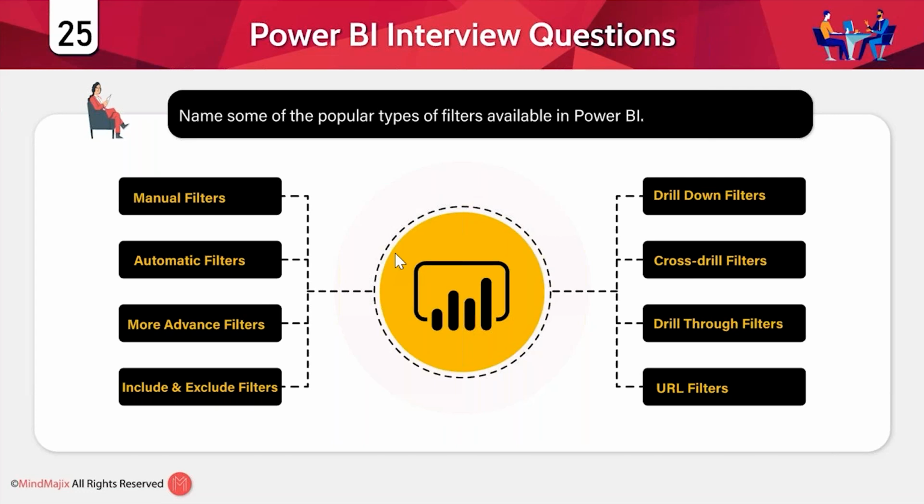As you see on the screen, there is a drill down feature, a cross drill filter, a drill through filter, a URL filter, a manual filter, an automatic filter, a more advanced filter, and an include and exclude filter. How we do that is covered in our detailed training. But remember these 8 names, these are the typical types of filtering available in Power BI.